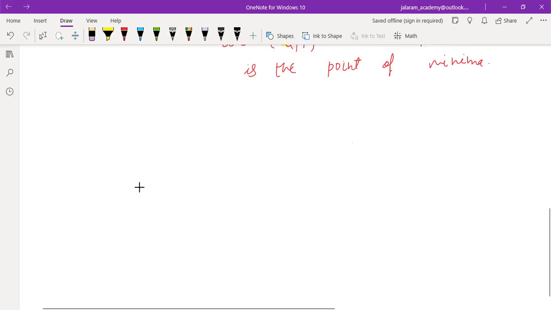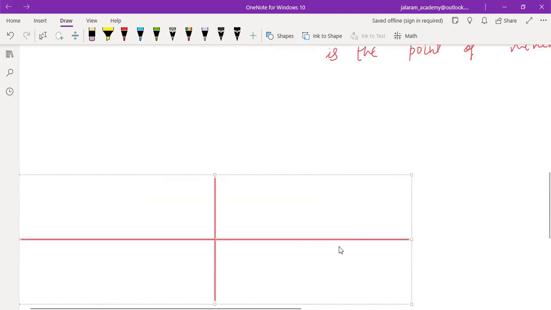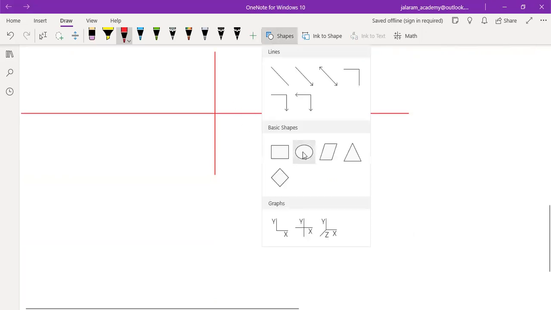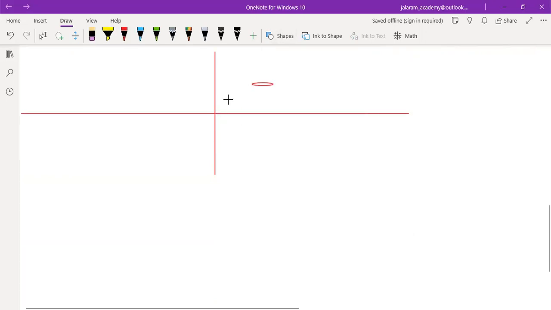in the second type of curve, if we are taking this curve, can you name this curve? So this is a circle, and look at this, it is increasing.